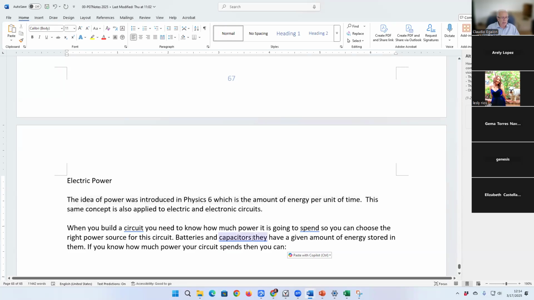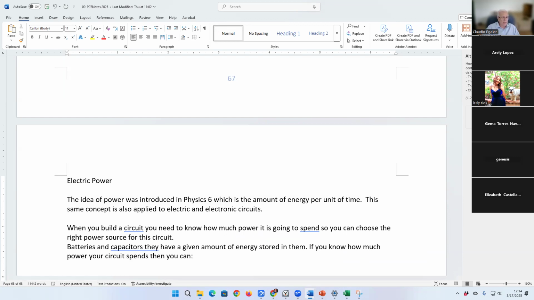Okay, batteries and capacitors have a given amount of energy stored on them. So batteries and capacitors can be thought of as sources of energy. However, a resistor consumes energy. That's why we get that electric potential negative when we go through a resistor in the direction of the current.